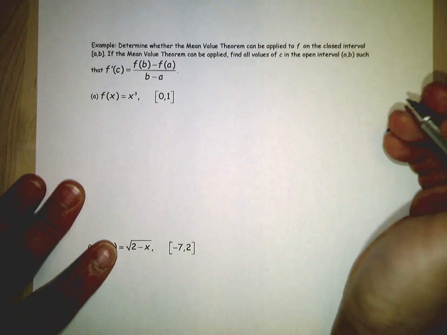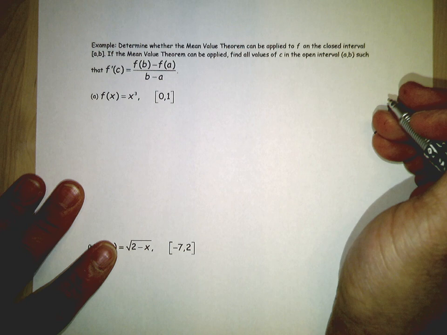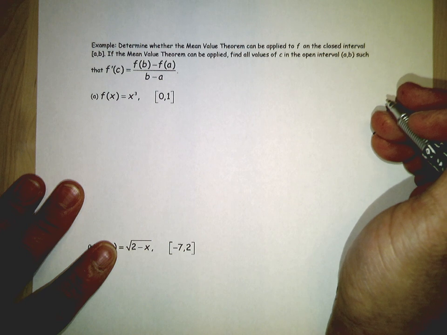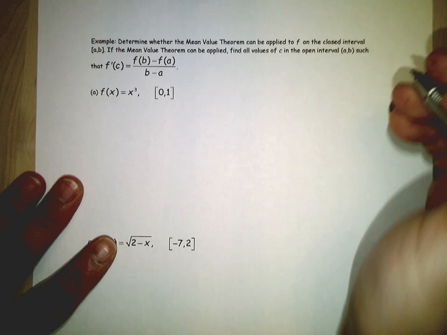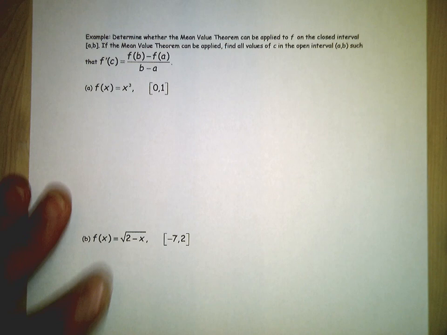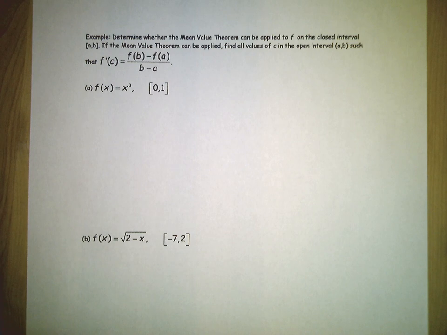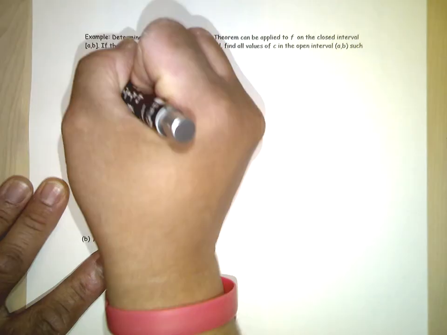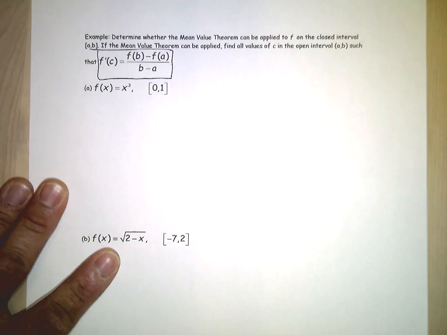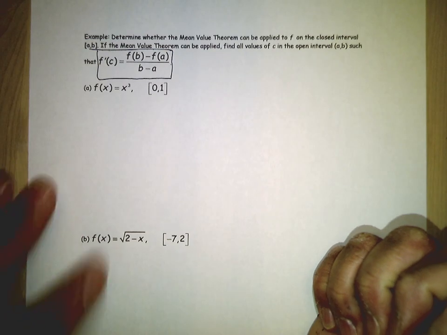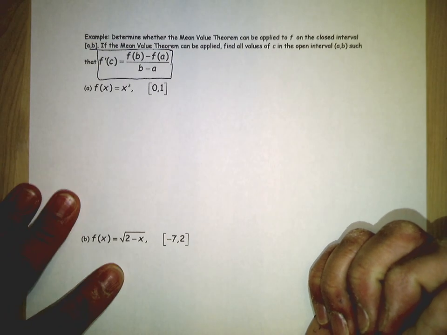All right, so now let's try again with another problem. Determine whether the mean value theorem can be applied to f on the closed interval from a to b, and if the mean value theorem can be applied, find all values of c on the open interval a to b such that f prime of c is equal to f of b minus f of a all over b minus a. All right, so let's do this today.